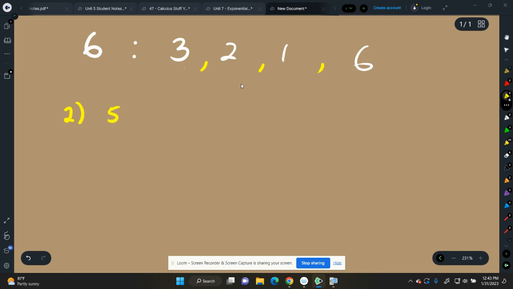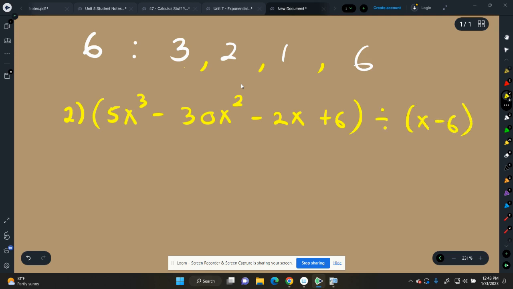We had 5x to the third minus 30x squared minus 2x plus 6. And we divided that by x minus 6, okay? So when we do that, we take the opposite of this number. So we use 6. We put 6 in the corner, right? Because 6 is bad, right? Put 6 in the corner.